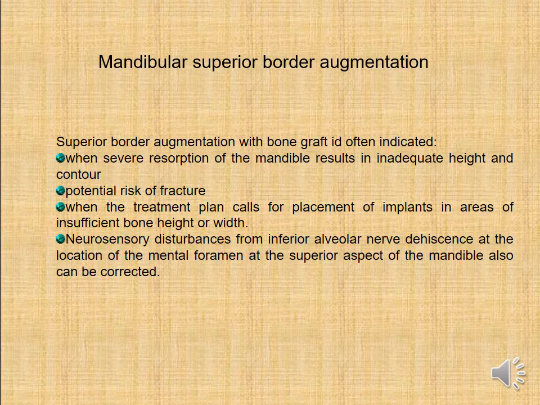First, when severe resorption of the mandible results in inadequate height and contour and potential risk of fracture; when the treatment plan calls for the placement of implants in an area of insufficient bone height or width; and finally, neurosensory disturbance from inferior alveolar nerve dehiscence at the location of the mental foramen, as the superior aspect of the mandible can also be corrected.